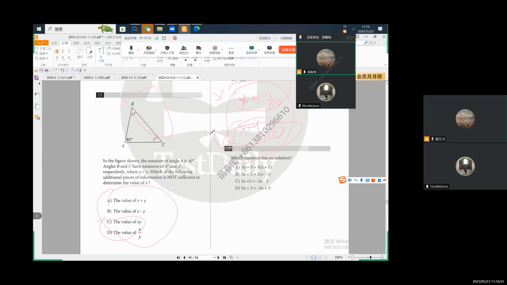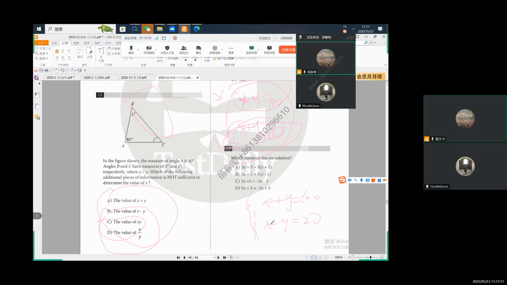But then what about C and D? How are you supposed to use them to find X? For example, let's talk about B. B, C, D are all kind of similar. If I already have X plus Y, and C gives X minus Y, say if it's 20, I can solve it, right?